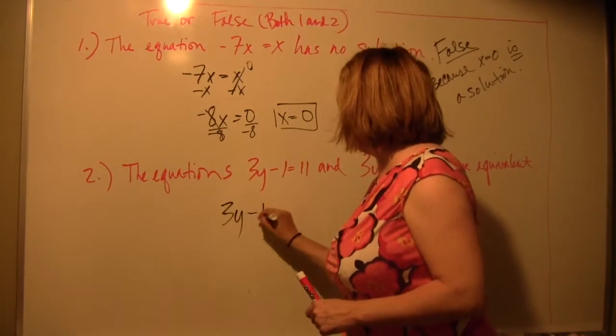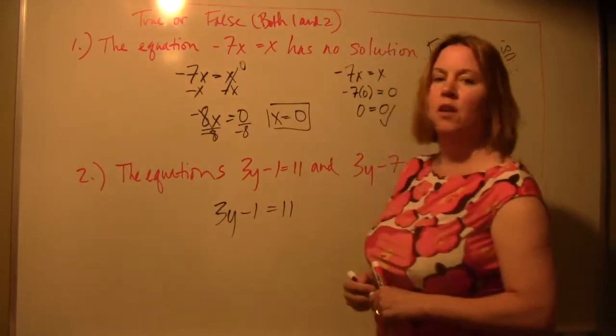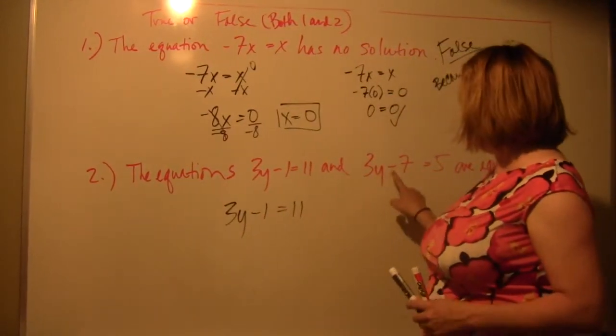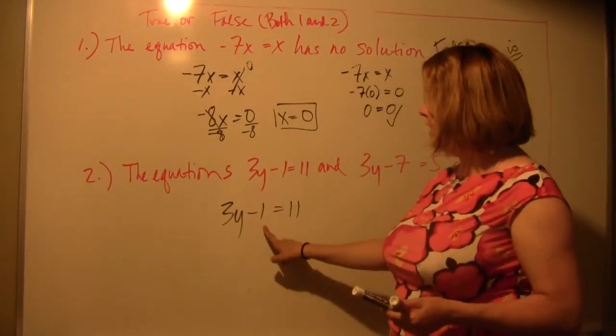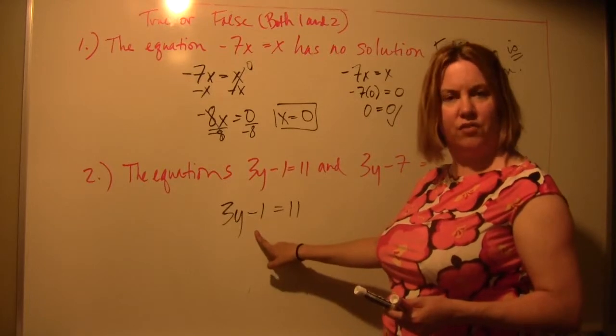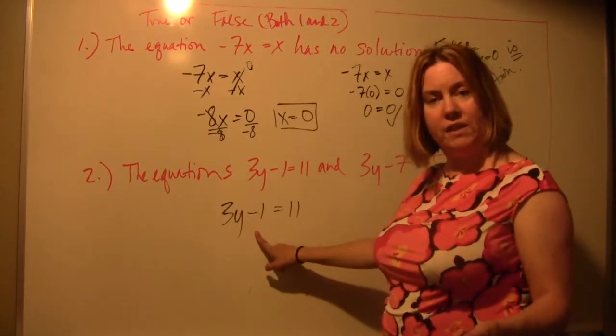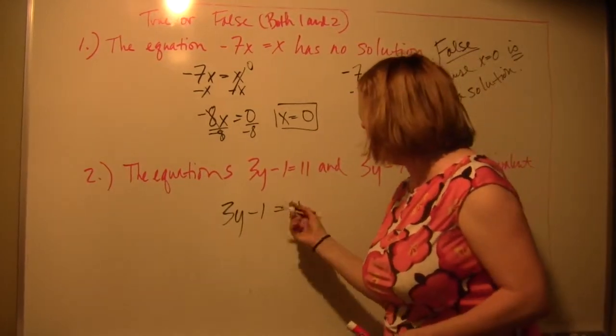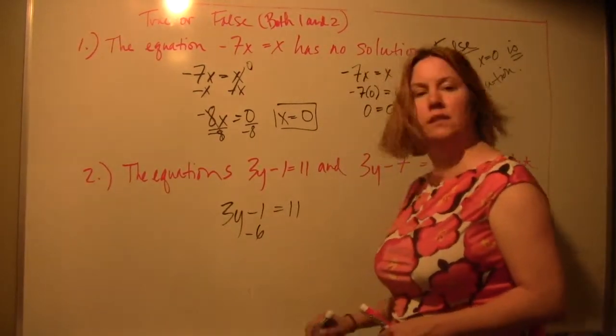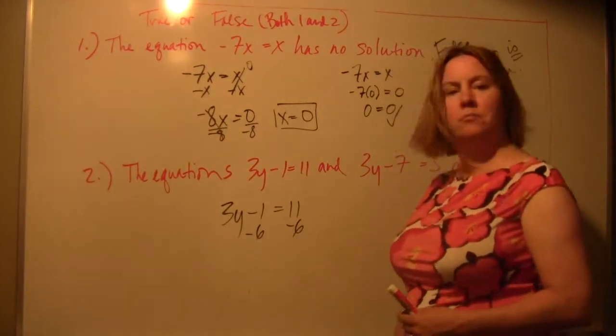So I have 3y minus 1 equals 11. Well, this one has 3y minus 7. Right? So to get a minus 7 here, I would subtract 6 from that side. And if I subtract 6 from that side, I need to subtract 6 from this side. So I'm going to have minus 6, minus 6.